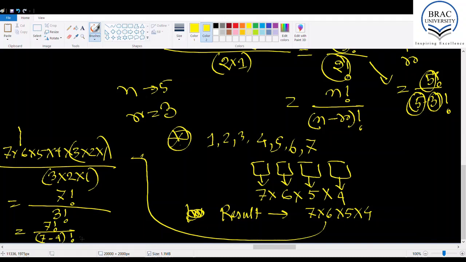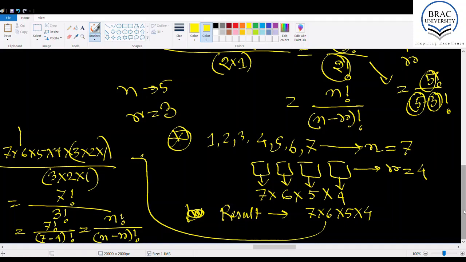Now why did we do that? See, there were n options available, and there were r slots available here, and can we write here that n equals 7 and r equals 4? So it can also be written as n factorial divided by n minus r factorial.